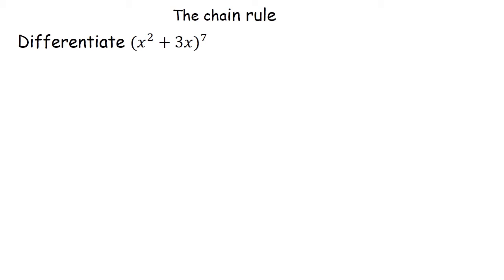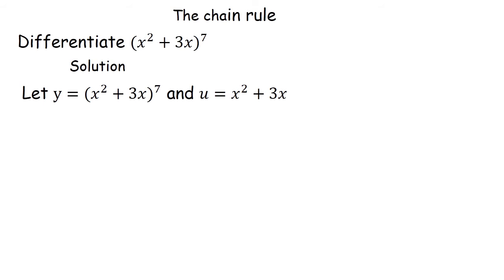So we are going to still differentiate this. We begin by letting y be equal to (x^2 + 3x)^7, and then u is equal to the one inside the brackets, which is x^2 + 3x.